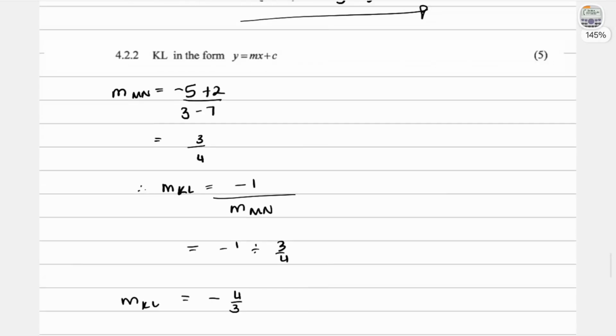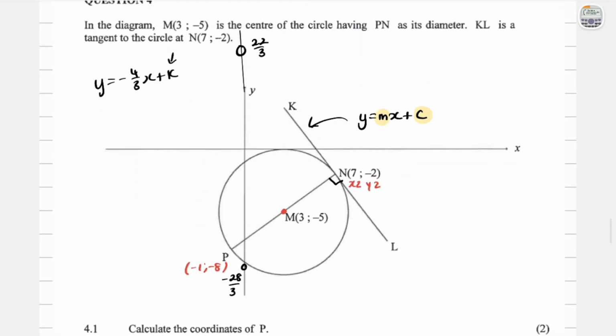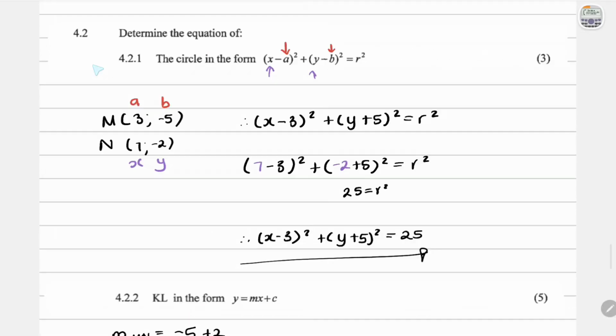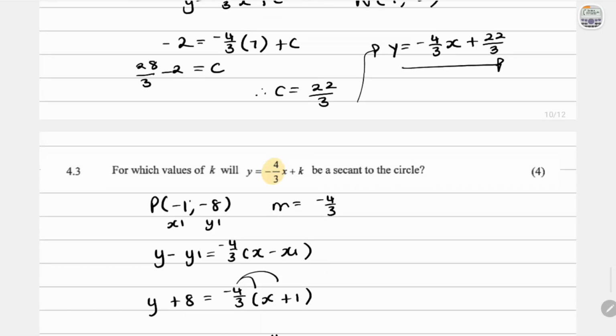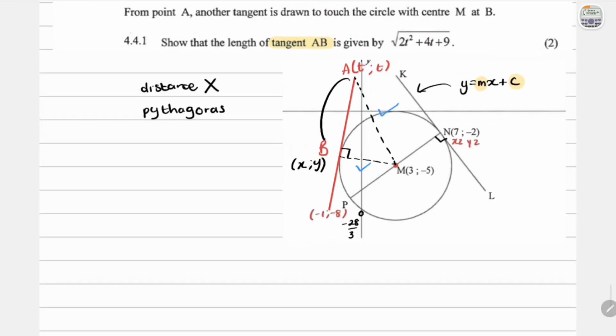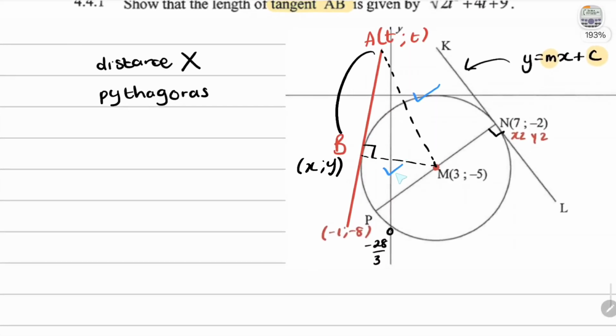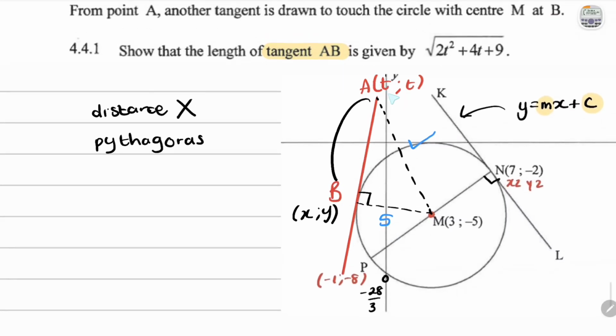As you can see here in 4.2, you have the equation of your circle. R squared is 25, then R is 5. So we know what the radius is. It is 5 units. The only thing we need to find now is AM. So to find AB, we use MB and AM.